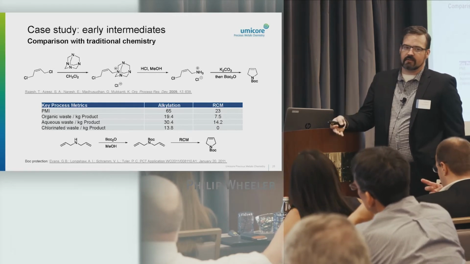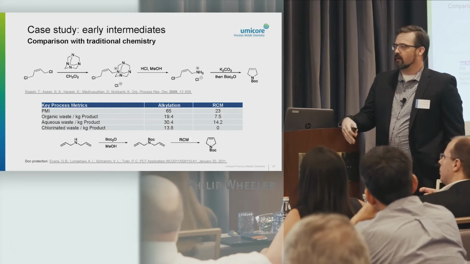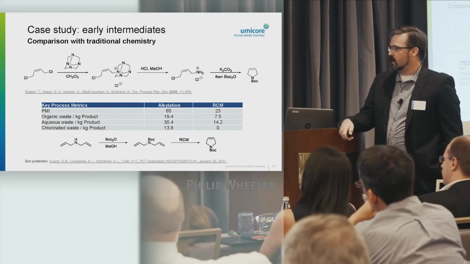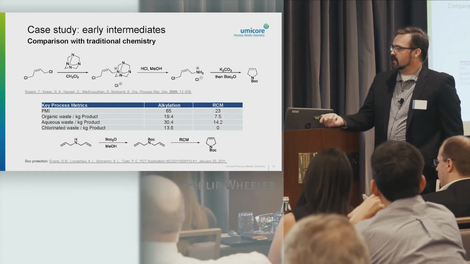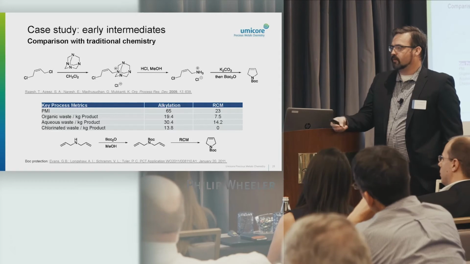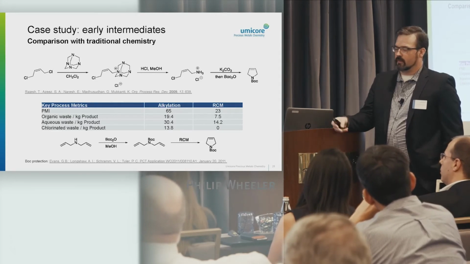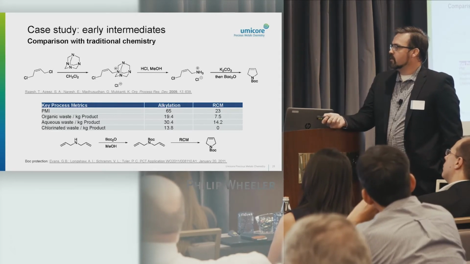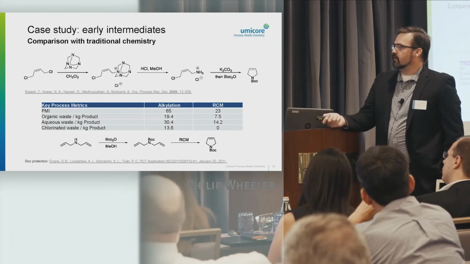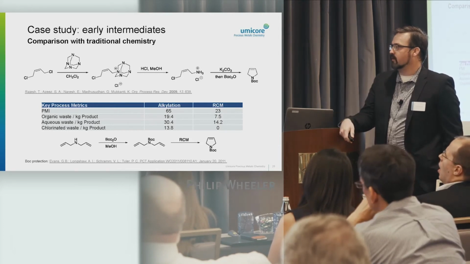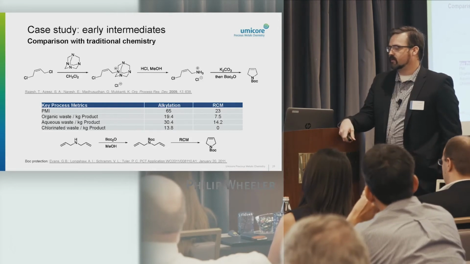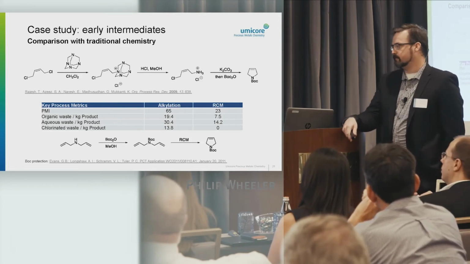You're only losing ethylene, 28 grams per mole, as a byproduct. So it's a very efficient reaction with low loading, and the PMI of that step on its own is pretty close to unity, about 1.1. So I think with fewer steps and a much more atom-efficient route, RCM certainly compares favorably to the more traditional method.